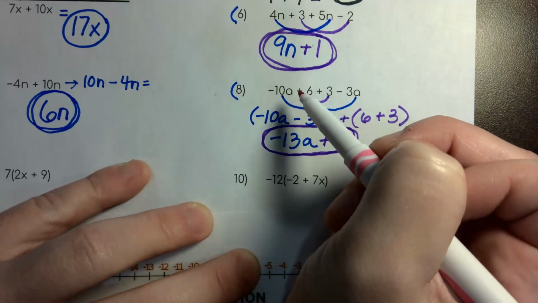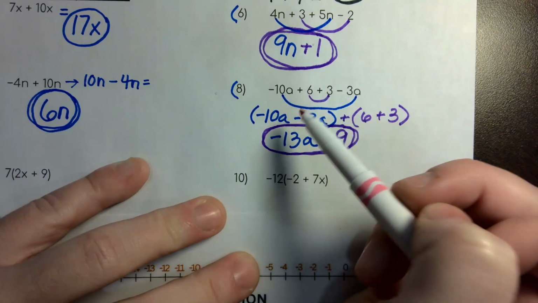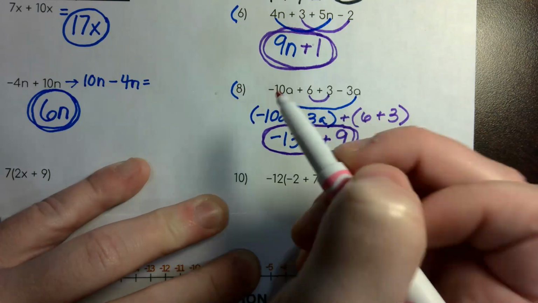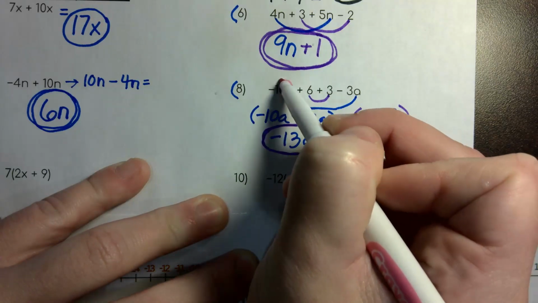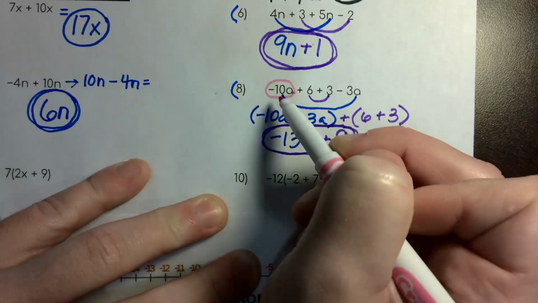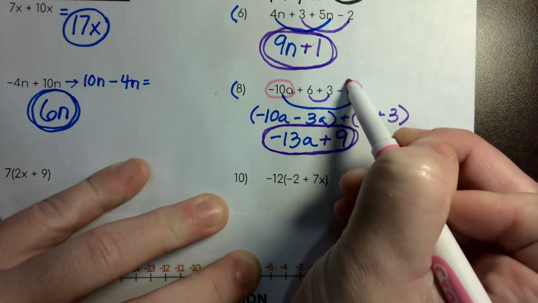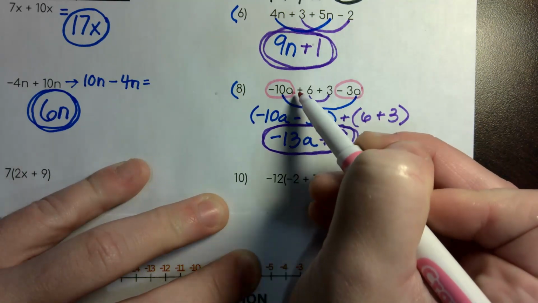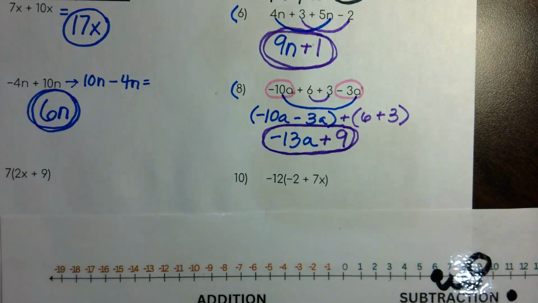If you're confused about what symbols we're using, look up here for a minute. We need to remember that the symbols that go with each of the terms are the ones directly to the left. So I have a negative 10a. I have a minus 3a. That plus goes with the 6, and then that other plus goes with the 3.